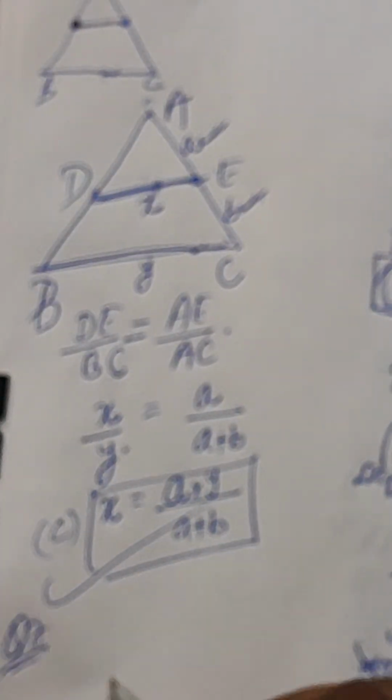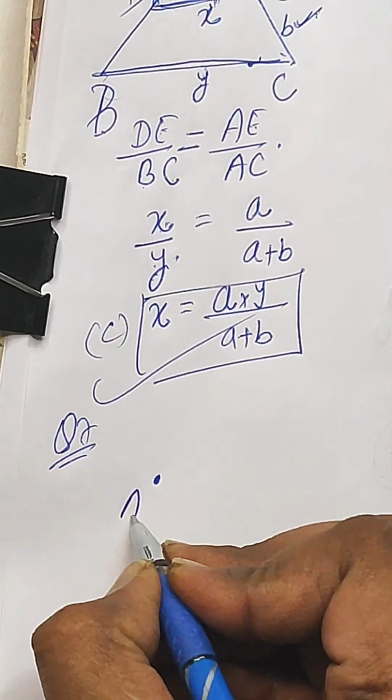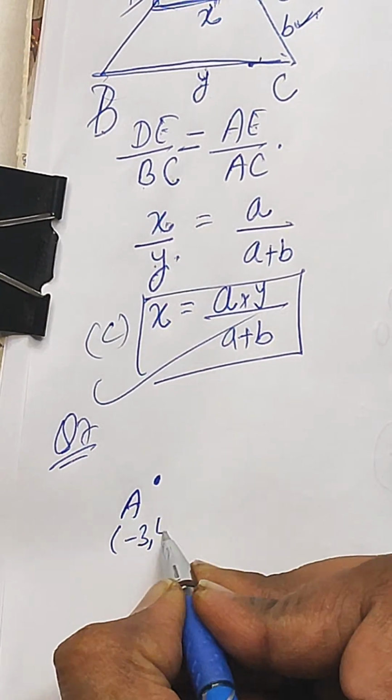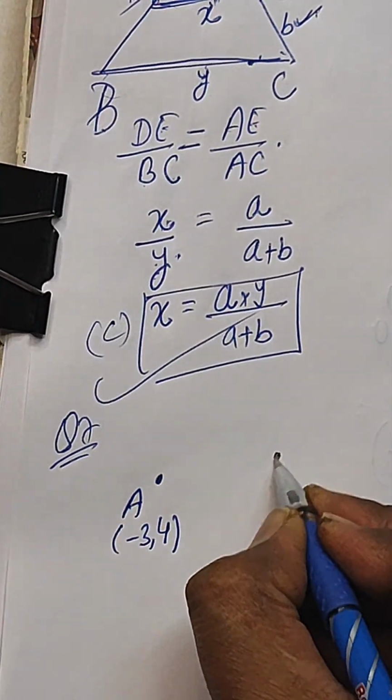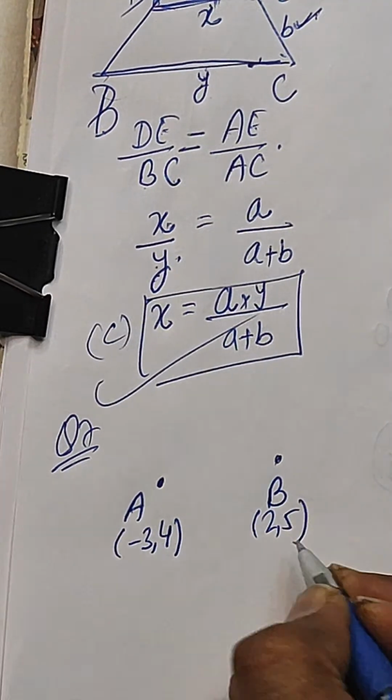These are the coordinates of the 2 points given to you. So let us say this is point A, whose coordinates are minus 3 comma 4, and the point B whose coordinates are 2, 5.